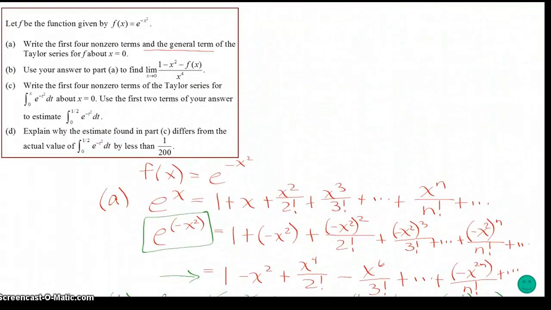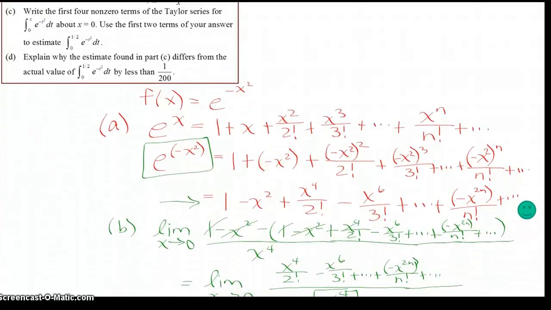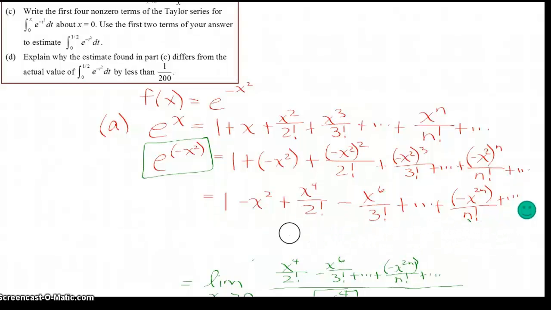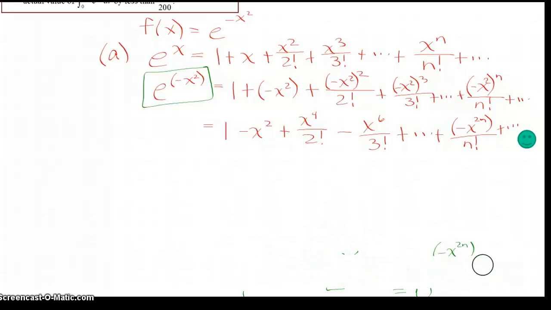All right, part C, write the first 4 non-zero terms of the Taylor series for the integral. And this is why I say, like on that one example that we did, we don't get asked to integrate the general term very much in an AP question. Notice that now it doesn't say the general term, it just says write the first 4 non-zero terms. I want to leave part B up there so that I can use that series expansion.